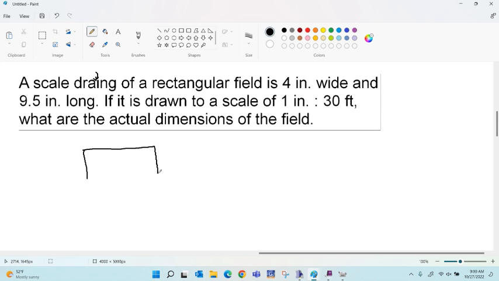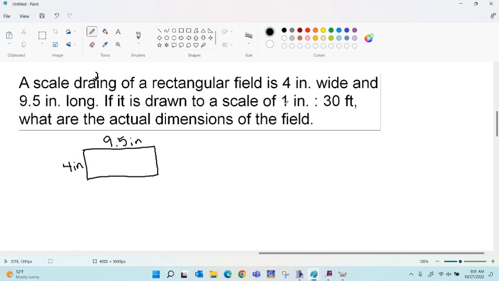I'm just going to make a rectangle so that I can see it. It's drawn to a scale of 1 inch, so this is in inches, 4 inches.